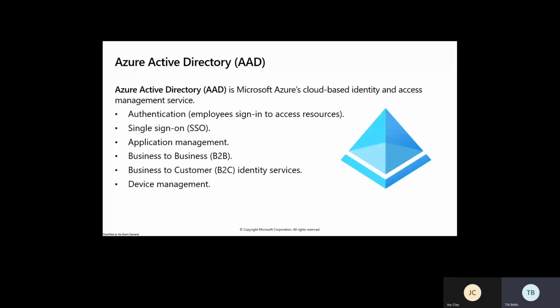You want to access your email, it asks you to provide a username and password. You want to access SharePoint, you are asked to provide it. So in order to reduce the number of times you are asked to provide credentials for services that you want to use, you can configure single sign-on.